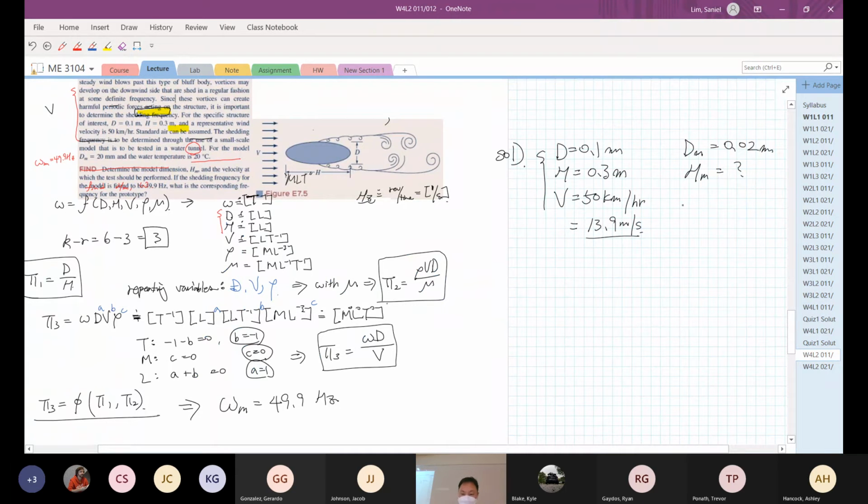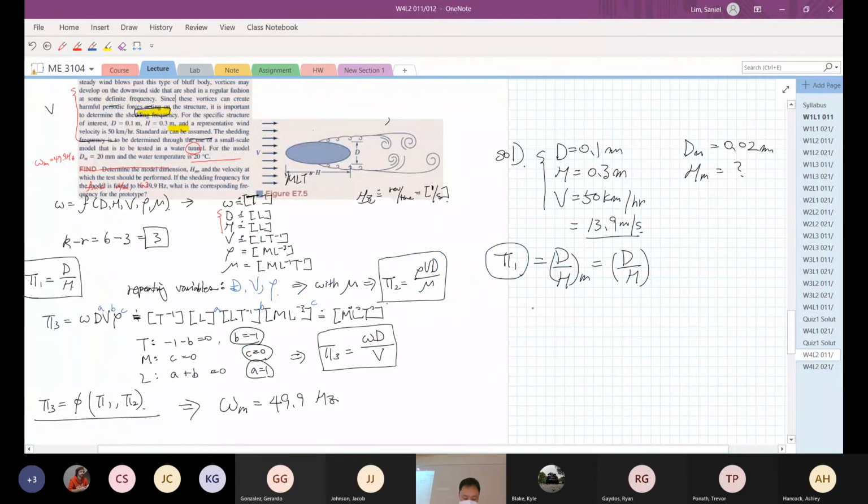So the next step is simply to apply all the similarity based on the pi terms. First, the pi term here is going to be D over H of the model has to be the same for the prototype. Simply set it like that.